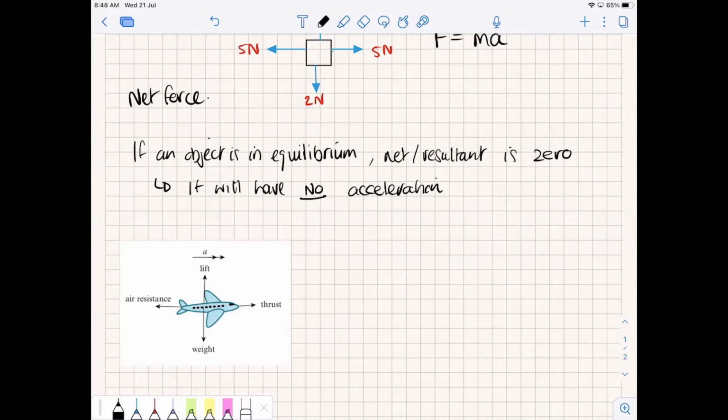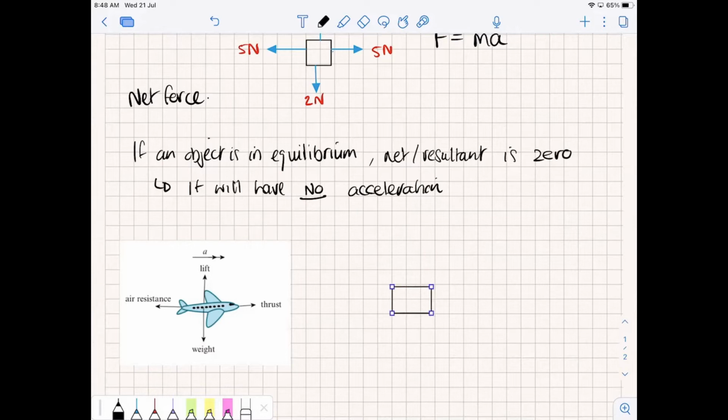Okay. So on a more serious note, obviously, we are not expected to draw fancy pictures like this. We are going to draw simple diagrams to represent the forces. So like in the textbook, I'm just going to quickly recreate these forces, except I'm not going to draw an aeroplane.